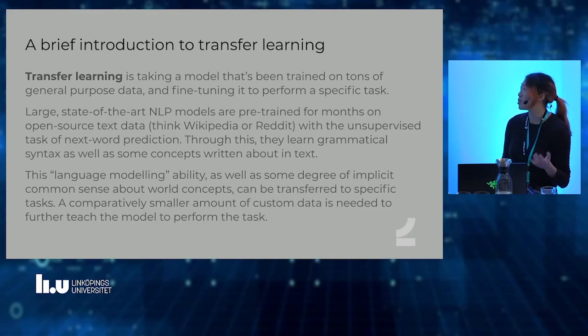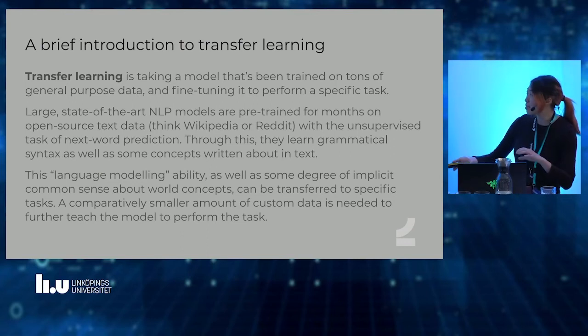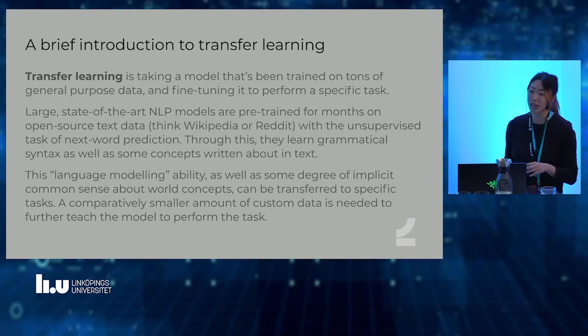There have even been papers showing that they learned some type of inference abilities agnostic to the actual concepts just by being trained in this way on so much text from the internet. So these models, having some base level of ability already, enable us to then, with much, much less data, do specific tasks, like our task, where you're predicting something to say based on some knowledge and some conversation history.